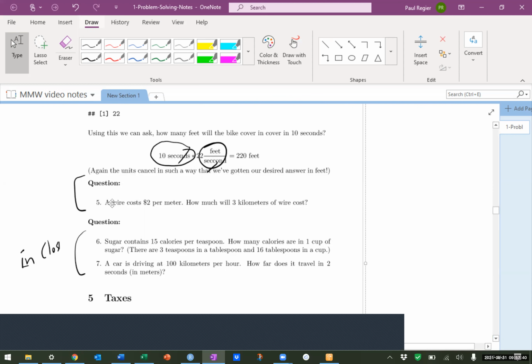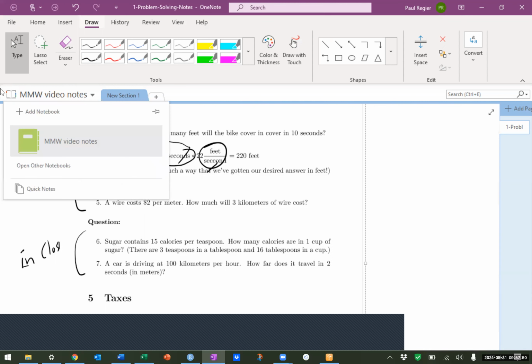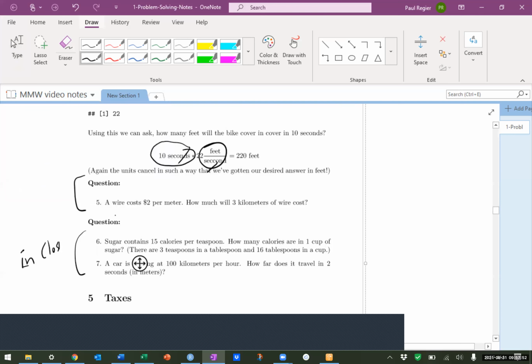How do you find the cost of 3 kilometers of wire if it's $2 per meter? So the way I would do a problem like this, something you don't know how to do. Well, $2 per meter is the cost of wire. I'm going to write that unit down. And we got 3 kilometers of wire.